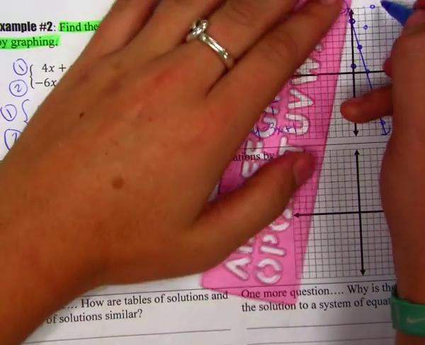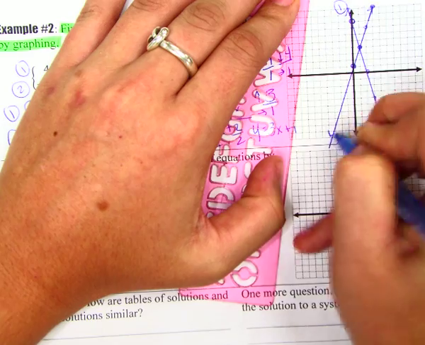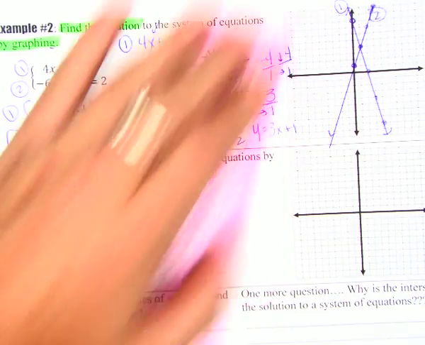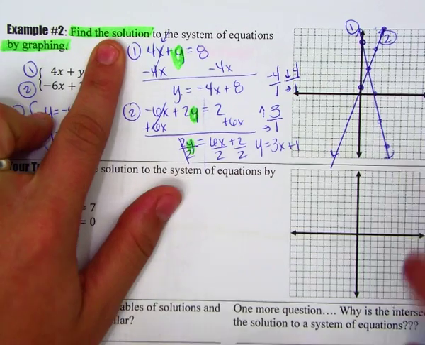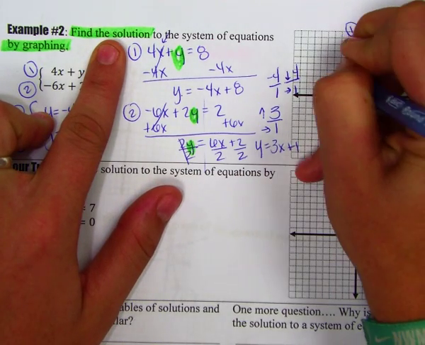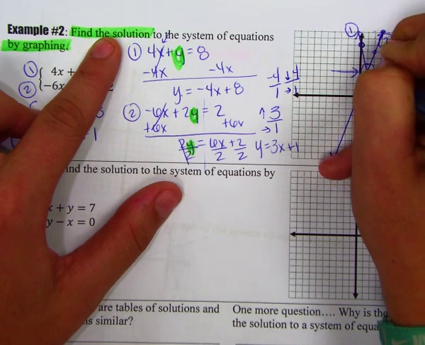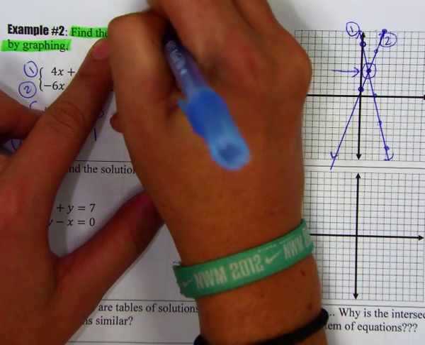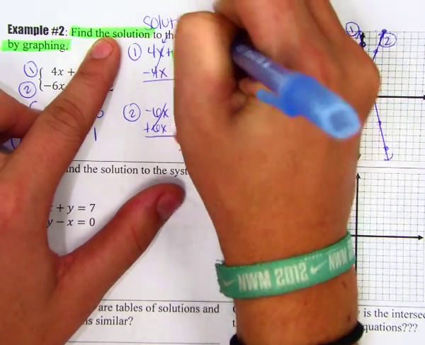Go ahead and connect the points. This is equation 2. So the solution, because that's what we're actually doing, is the intersection, which is the point 1, 1, 2, 3, 4. So the solution is 1, 4.